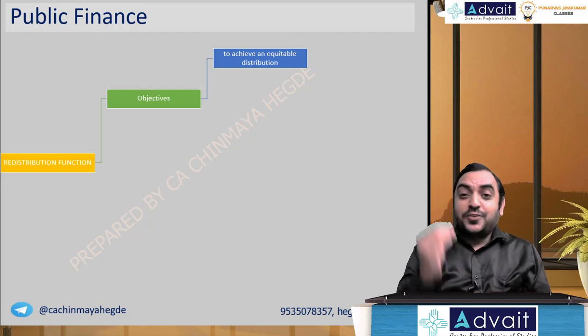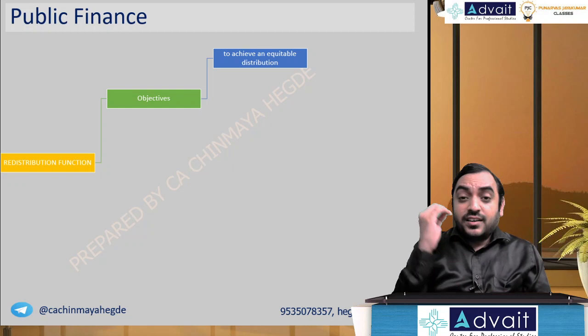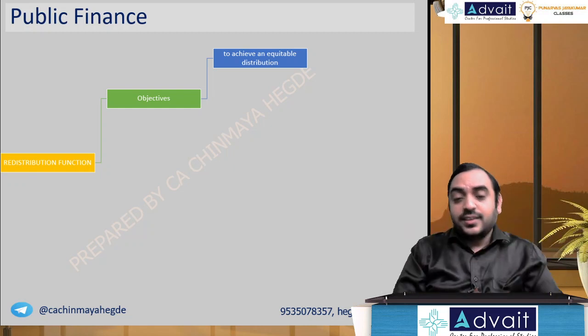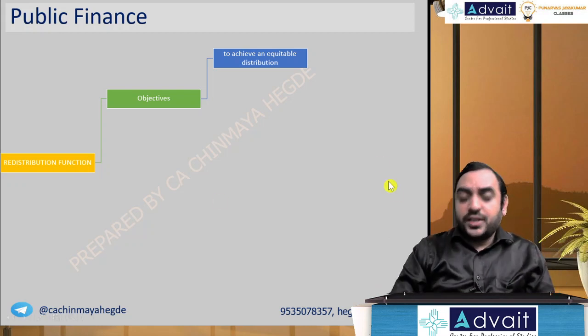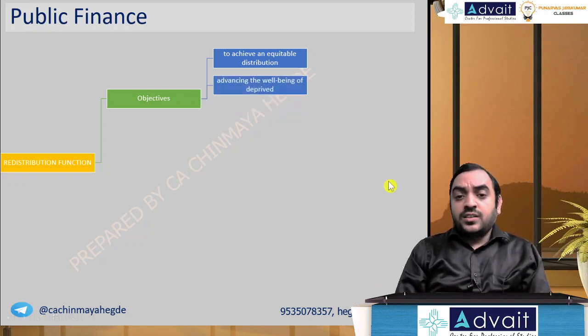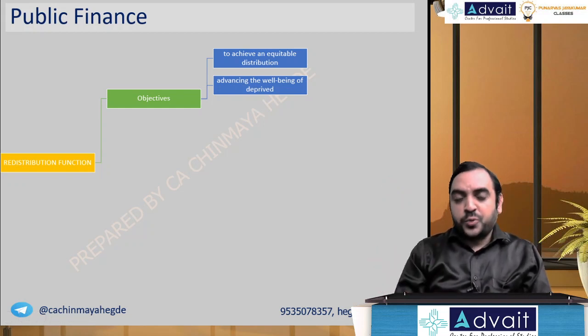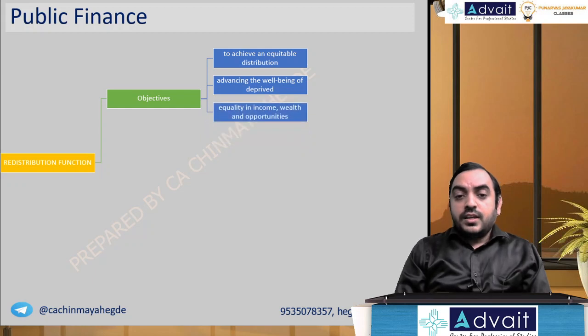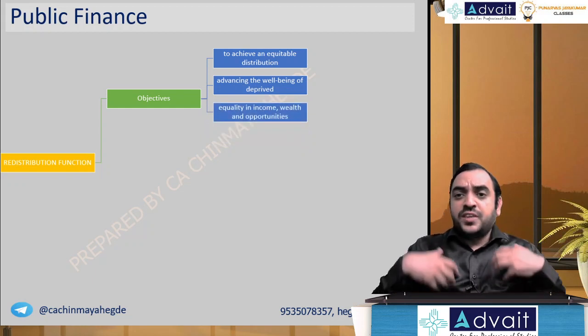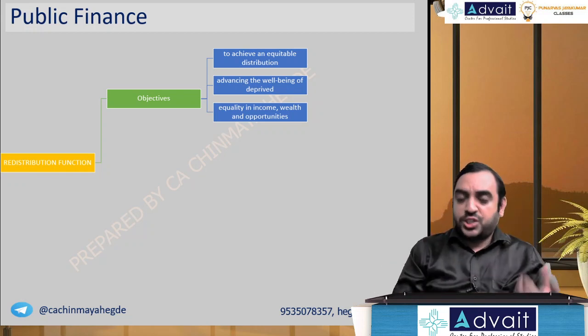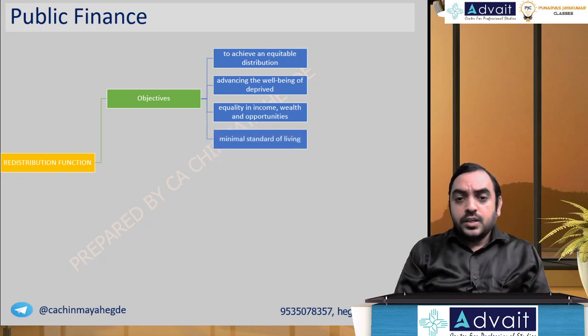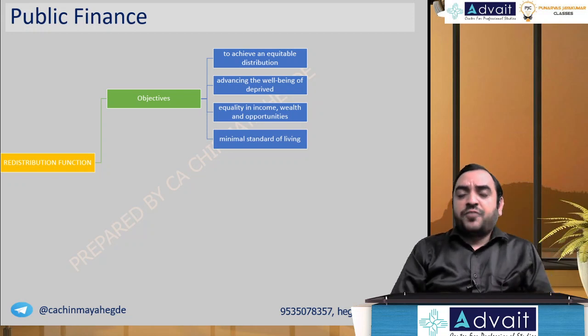So the objective of the government is to redistribute, to make sure that the disparity is taken out and equity is maintained. What are the measures? How can we go for it? Advancing the well-being of the deprived people, supporting poor people, equality in income, wealth and opportunities. So basically everybody should be given equal opportunity, and provided a minimal standard of living.